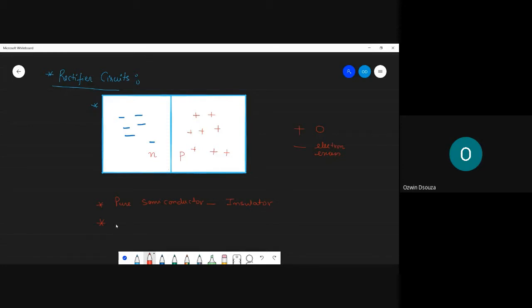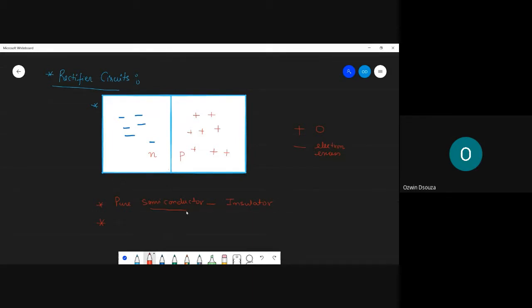The transition is from a non-conducting state to a conducting state. That's the reason the name semiconductor is given. Under zero external voltage, the material behaves like a pure insulator.